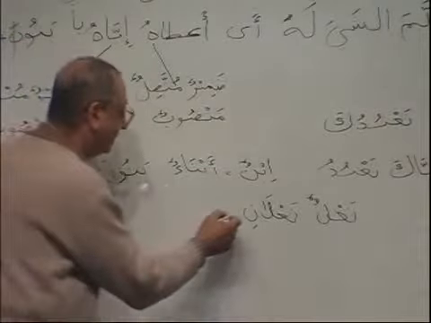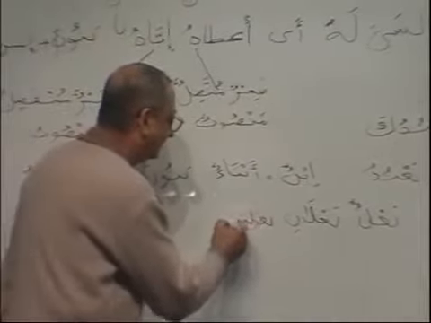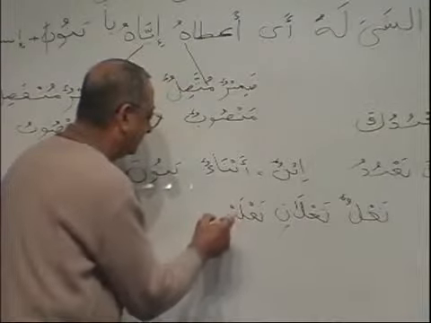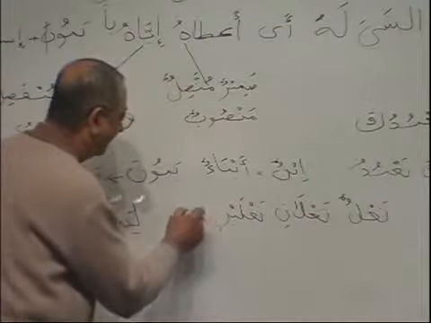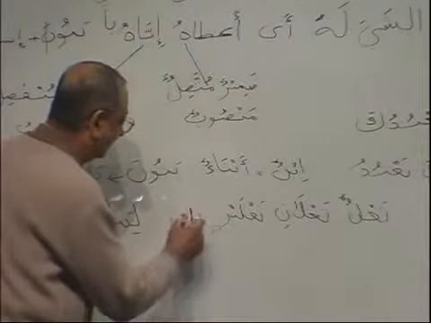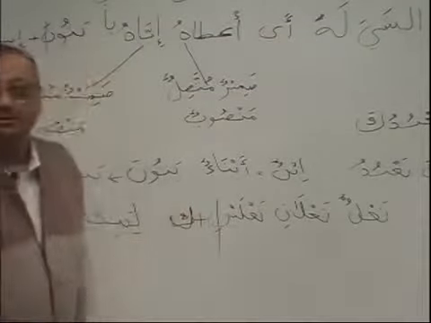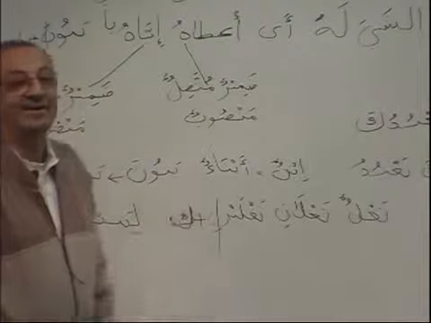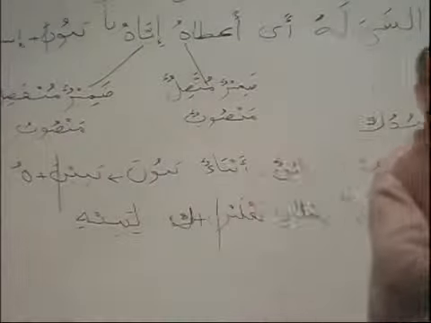Make it mansub. Put ka here. You will drop this. So it became na alayka. Remove your shoes, the two of them. Are you with me, brothers and sisters? Remove your shoes. Allah subhanahu wa ta'ala is telling Musa alayhi salam.